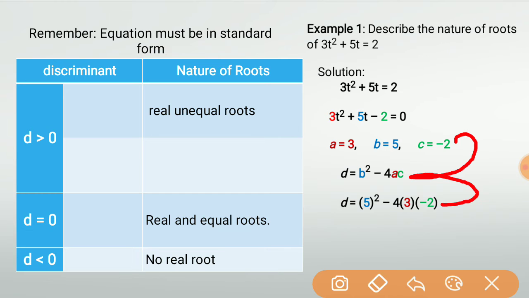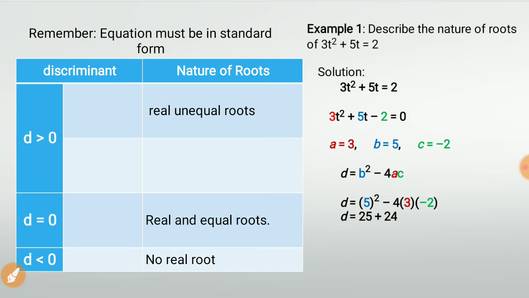Now I'm going to perform some arithmetic operations like addition and subtraction on this equation to find the final value of discriminant. So this way D equals 25 plus 24. How did this 25 come?